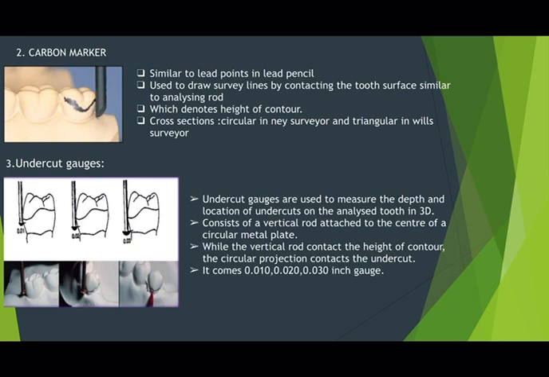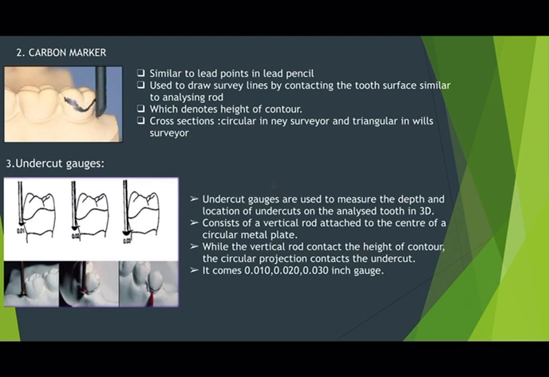It consists of a vertical rod attached to the center of a circular metal plate, while the vertical rod contacts the height of the contour and the circular projection contacts the undercut. It comes in various sizes. These are 0.010, 0.020 and 0.030 inches.